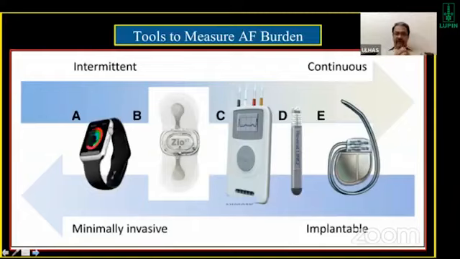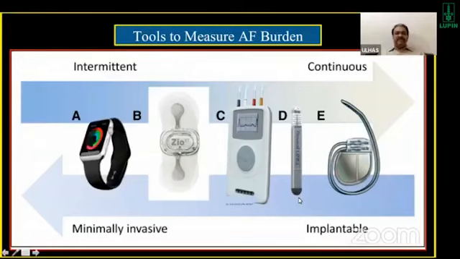The best way is to actually have a good quality ECG, and the person doesn't have to bother about it at all. And then those traces or the information of the rhythm could be transmitted remotely to the physician. And that is the device labeled as D here.